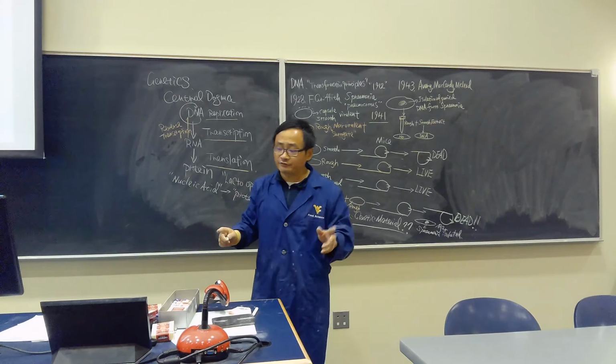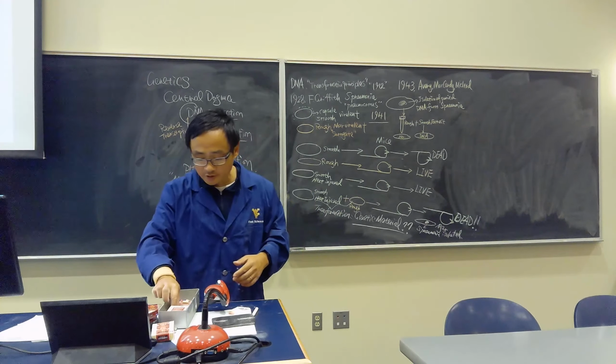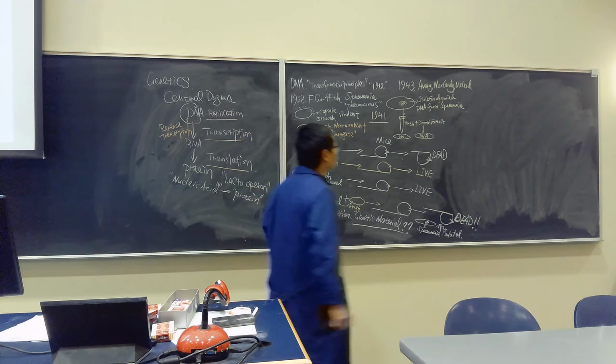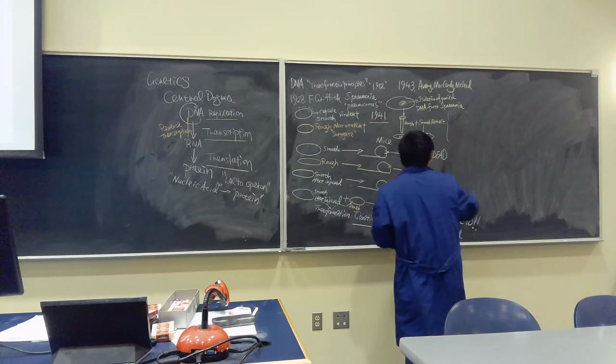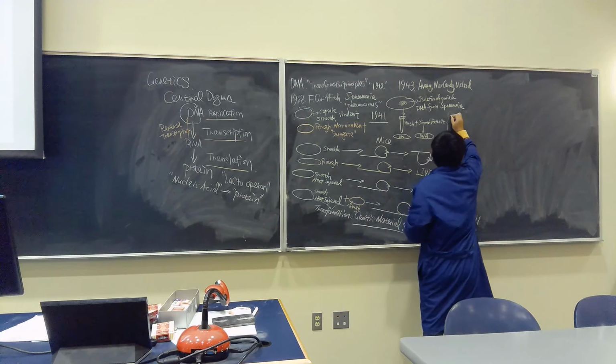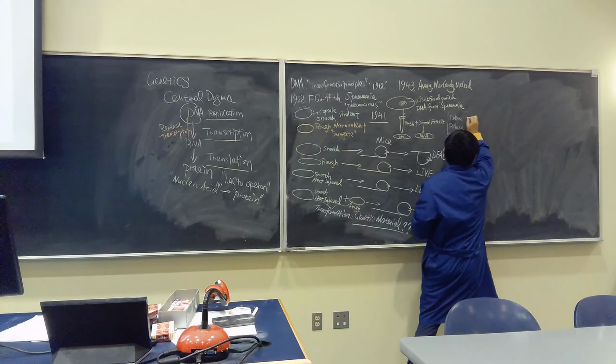And I need to verify it is DNA. It is not RNA. It is not protein. So in these treatments, we're going to add three enzymes, which are DNase, RNase, and protease. So what do the results show? With the DNase, nothing happens.